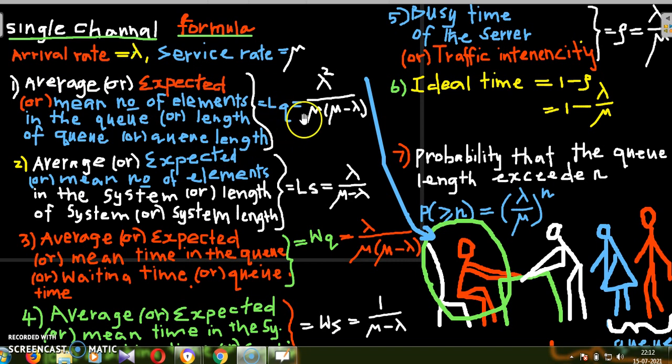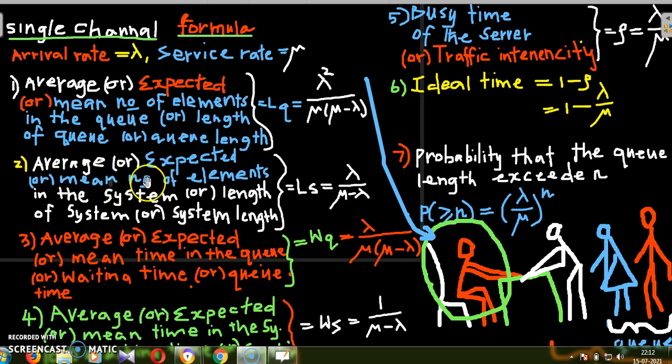So LQ equals lambda square, that is arrival rate square, divided by service rate into service rate minus arrival rate. So to find the queue length, that is the number of people in the queue per unit time, we use this formula: LQ, queue length, equals lambda square divided by mu into mu minus lambda.